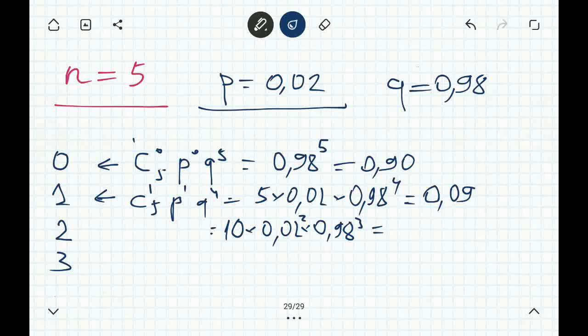Okay, and that's 0.004. Well, you can imagine that if we go on, if we calculate for 3, 4, and 5, we will get even smaller numbers.